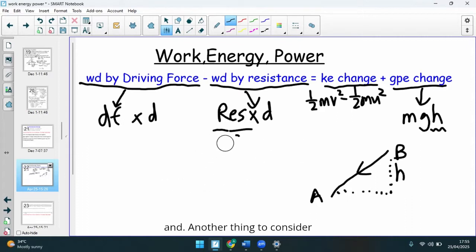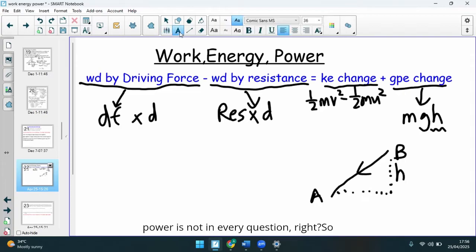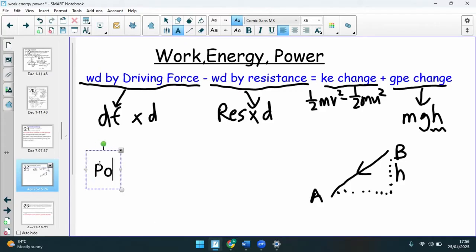And another thing to consider was sometimes instead of resistance, they'll give you friction. So you just replace this with friction and replace this with friction. That's all it is. Now, the formula for power. Power is not in every question, right? So you don't have to use the power formula for every question, but if they do mention power, then obviously you have to use it.